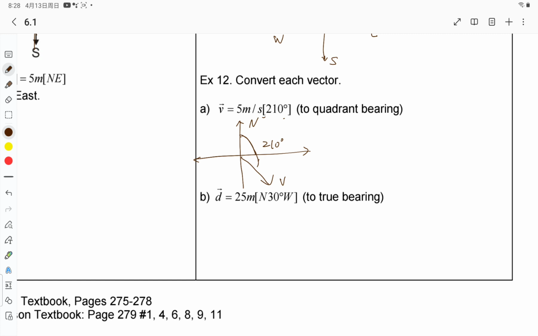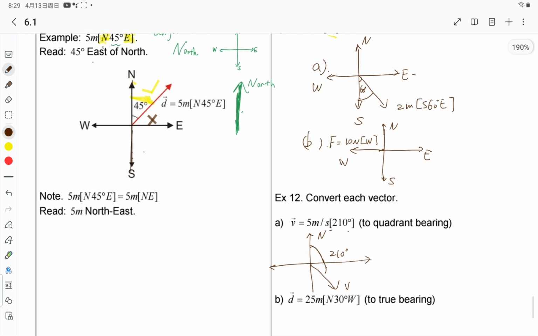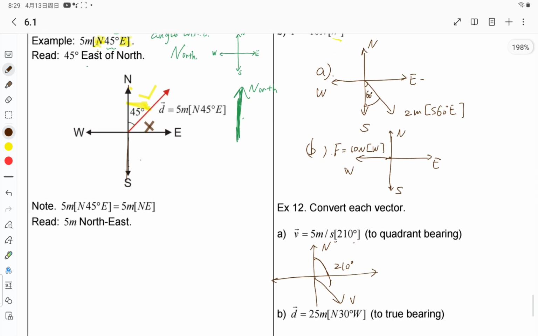Let's see. So this is not northeast, right?